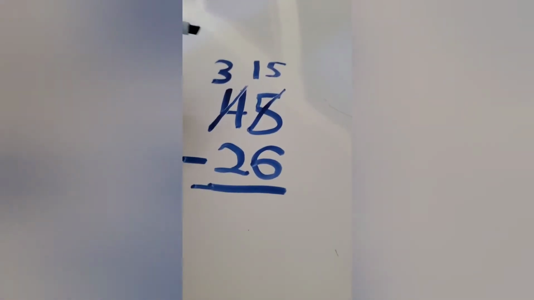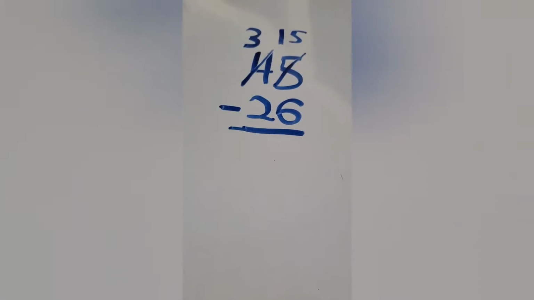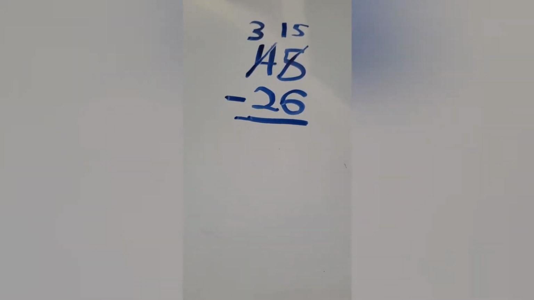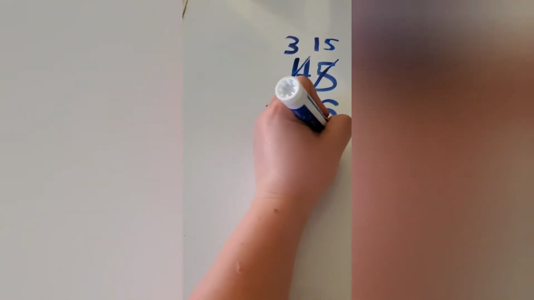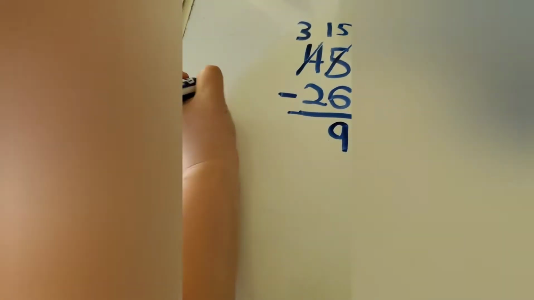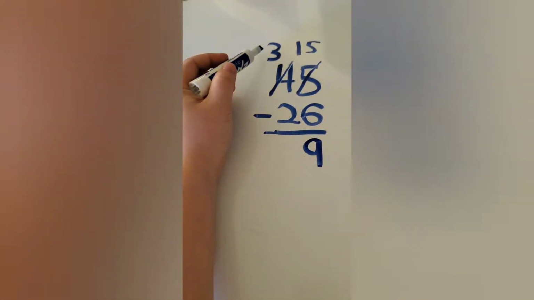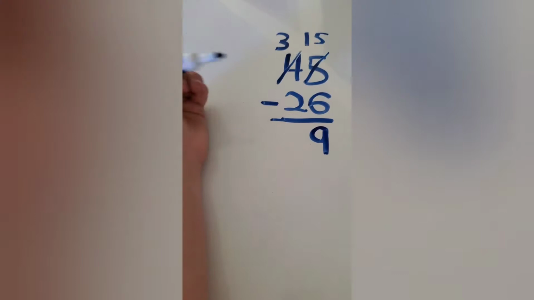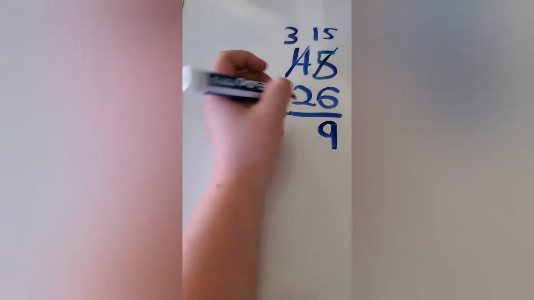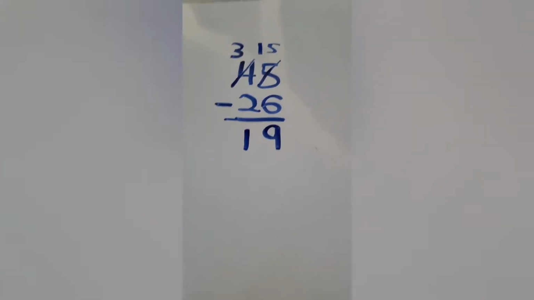Now 15 is bigger than 6, so now I can subtract it. 15 take away 6 is what, friends? You're right. It's 9. Now 3 take away 2 is what? You're right, 1. My answer is 19.